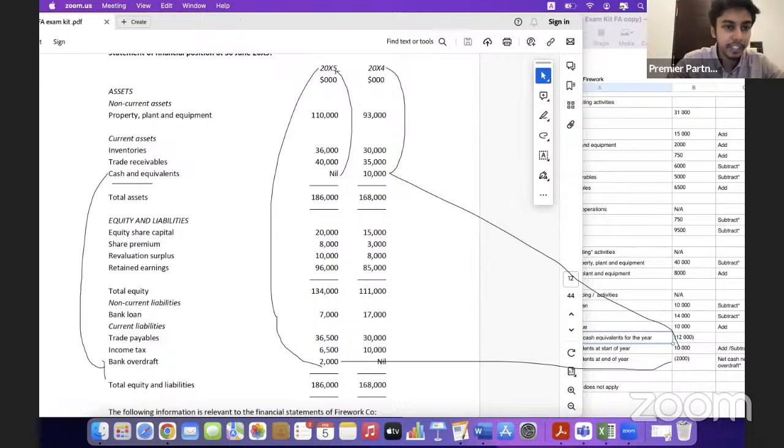So remember for FA, as cash and cash equivalent, we can only get two things. If cash is in current asset, that means it's a positive number. If they say it's nil, that means there is an overdraft. So check for the overdraft in your paper and copy, but make sure you copy it as negative.